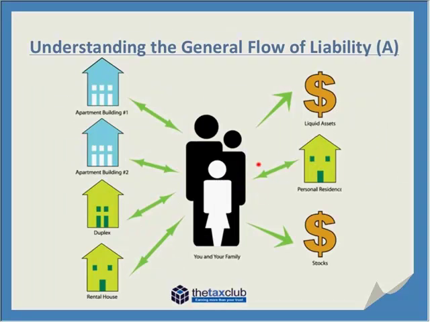So basically, what I put together for you right here is a diagram to show the general flow of liability. Now, for a typical family of husband and wife and maybe a kid or two, an average person will have some liquid assets such as cash, maybe some stocks, maybe a modest home.